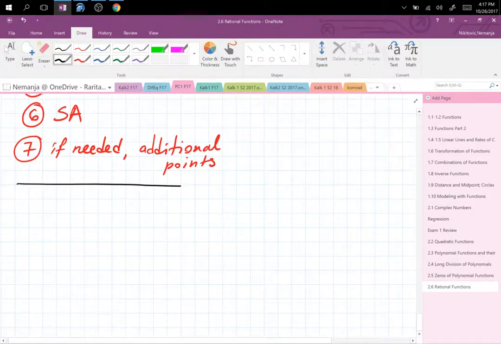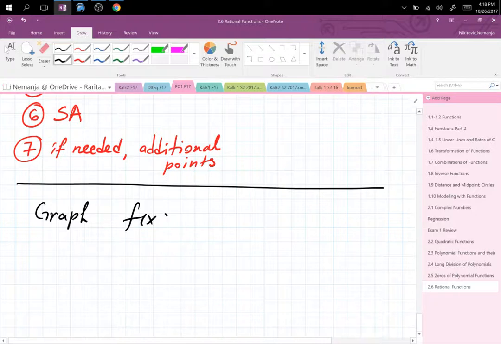Example. Graph f of x is equal to x minus 3 over, let's say, x plus 5. Number 1, domain.